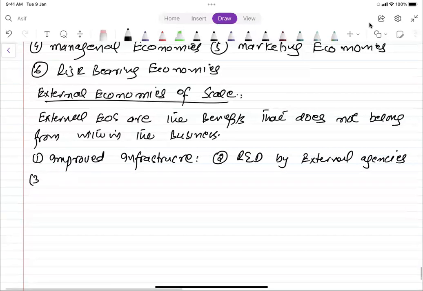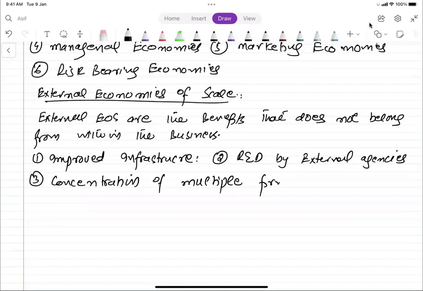Similarly, if there is a concentration of similar firms in one location, there are multiple benefits that can be obtained. For example, many large firms are located in one area. Suppliers will also try to locate in that area.